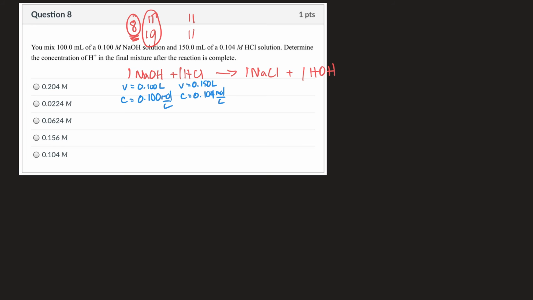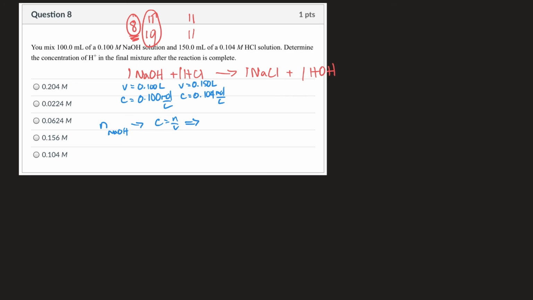Okay, so to figure out which is the limiting reagent, I need to figure out how many moles each of those have. So moles of NaOH, to get that, my formula is C equals n over V because it's a liquid solution thing.